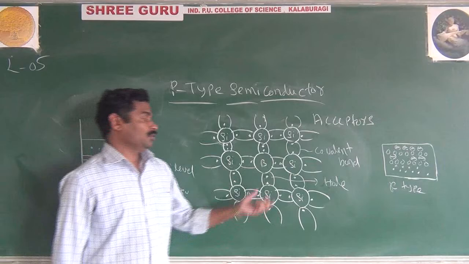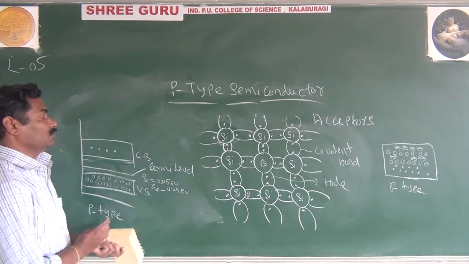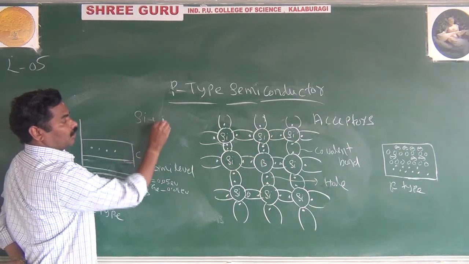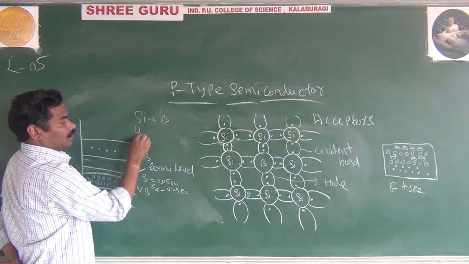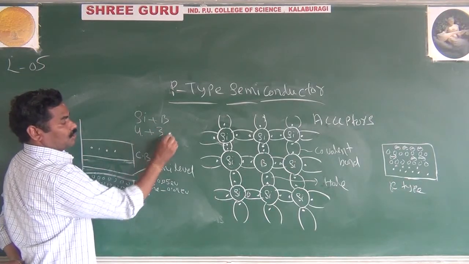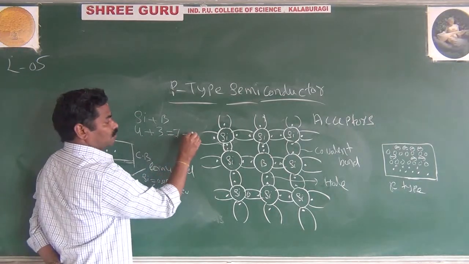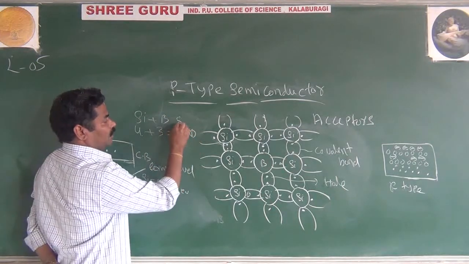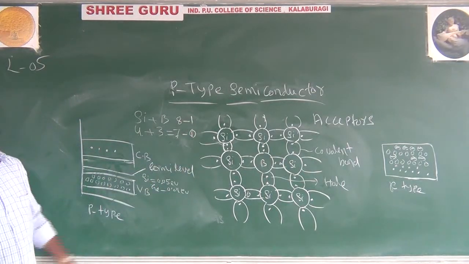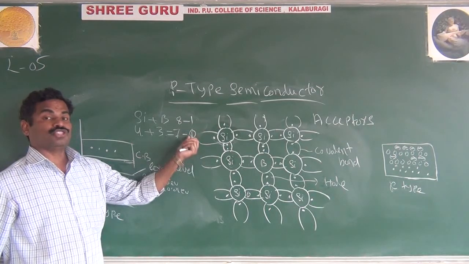The most important thing in the p-type semiconductor: for example, you are adding silicon and you are adding boron. As we know, silicon has only 4 valence electrons, boron has 3, and 4 plus 3 we have 7. But we want 8. It means we are having the loss of 1 electron.